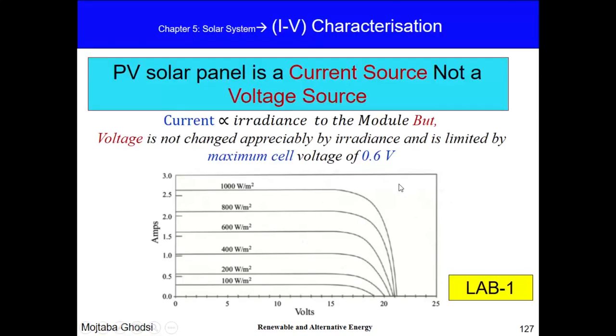Here I would like to explain the current-voltage characteristics of a photovoltaic solar panel. The most important point is that we need to keep in mind that a photovoltaic solar panel is a current source and it is not a voltage source.